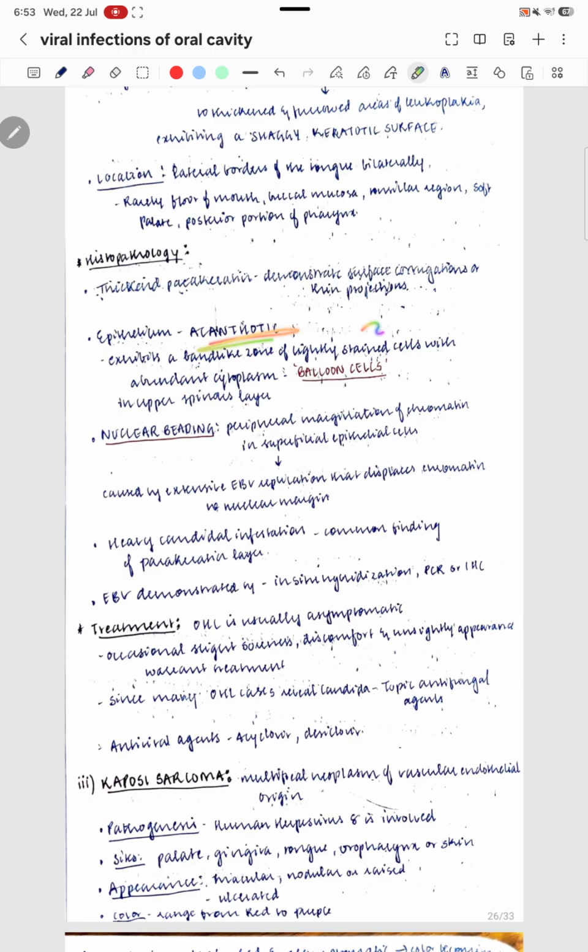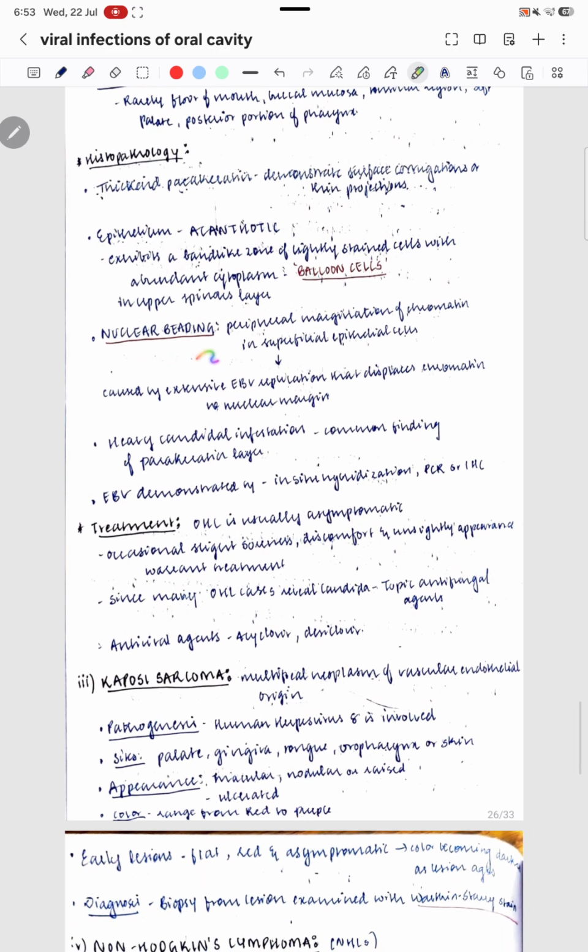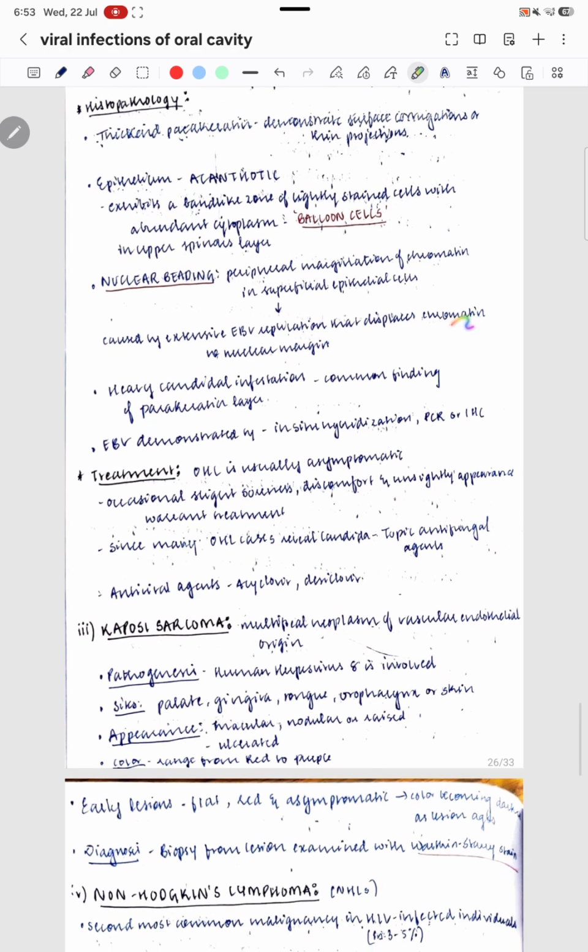You see acantholysis and balloon cells, that is Zank cells. Then there is nuclear beading, that is arrangement of the nucleus in beads, and extensive EBV replication that displaces chromatin to the nuclear margin.